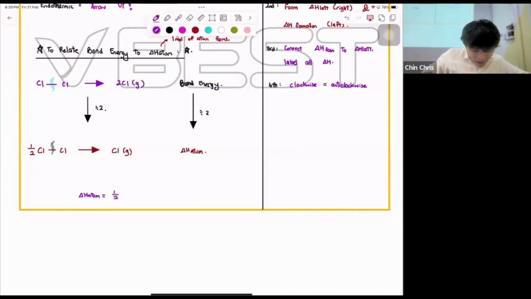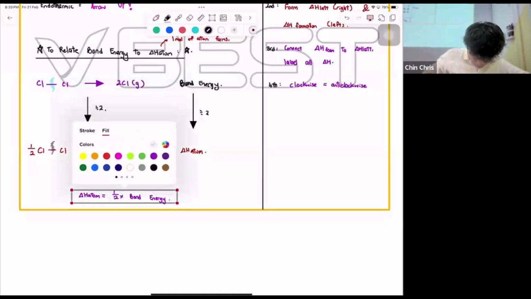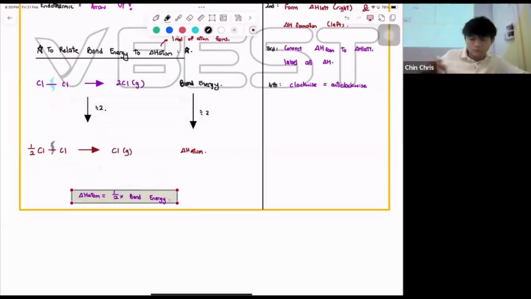Atomization is always half the bond energy. All right, guys, once done, next page.